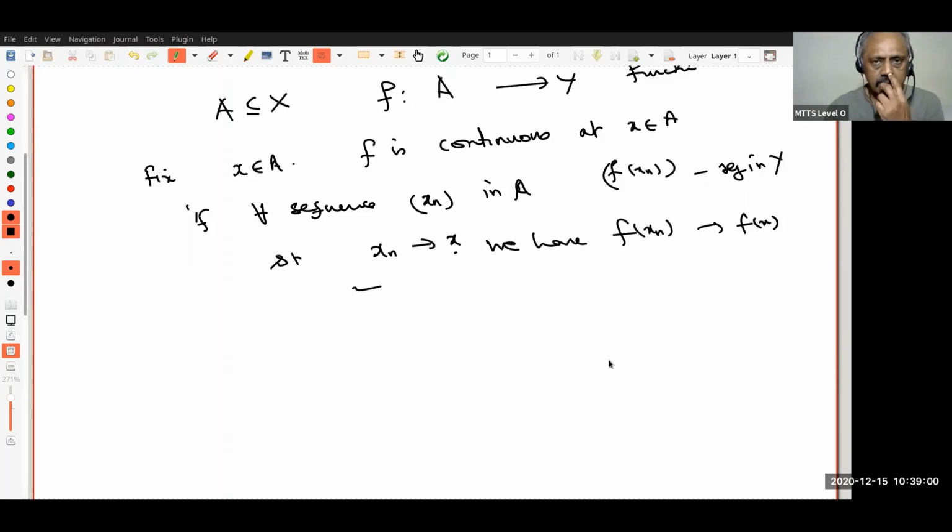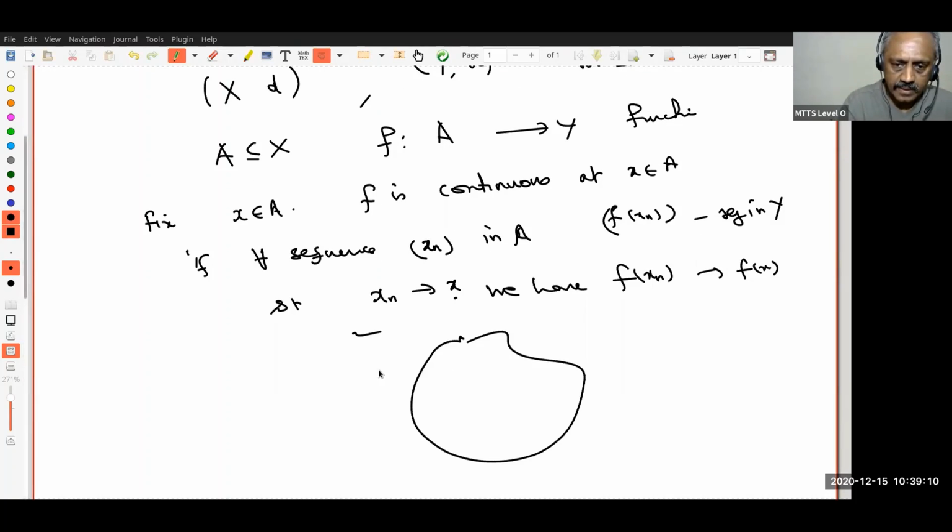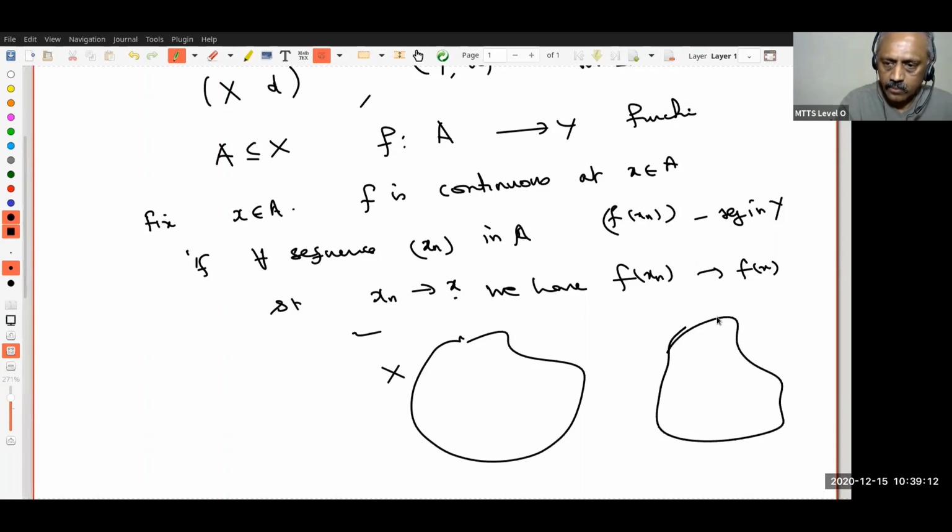See, this definition is a little easier, but at the same time subtle. Why is it subtle? Let us look at the picture first. This is my X, and this is my Y, and this may be my A. I have a point x. I have a sequence of points x_n which converge to x.